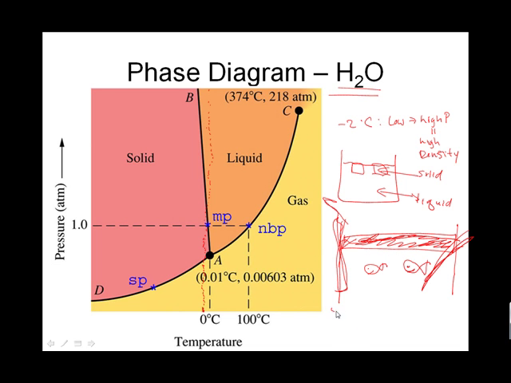Versus if this was my ocean and here's land, if solid water was more dense, you would have blocks of ice down below. And eventually, if it's cold enough, it will freeze from below and freeze the entire water from below, leaving our fishes dead.